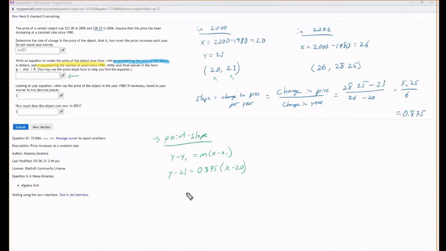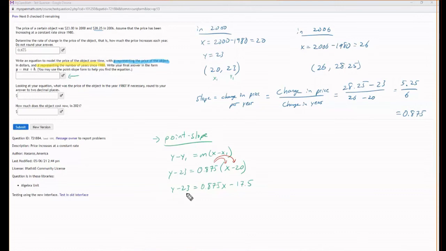Okay, we have our 2 steps of algebra that we always have to do. Distribute the slope. So 0.875 times x gives me 0.875x. And then I'm just going to use my calculator to multiply and write down the decimal I get. 0.875 times negative 20 gives me negative 17.5.